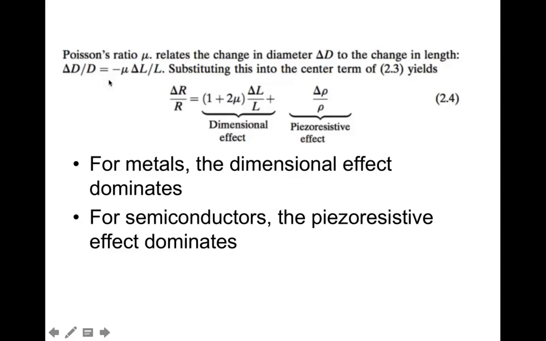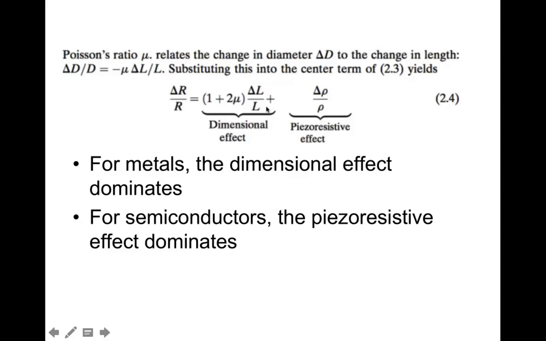Sorry, it's directly proportional, it's just a negative constant. So when we substitute this relationship into that center term, we can get rid of the area term by making, once again, some algebraic changes because area is related to diameter of a wire. And so when we do that, we get two terms, one that's proportional to delta L over L and one that's proportional to delta rho over rho.